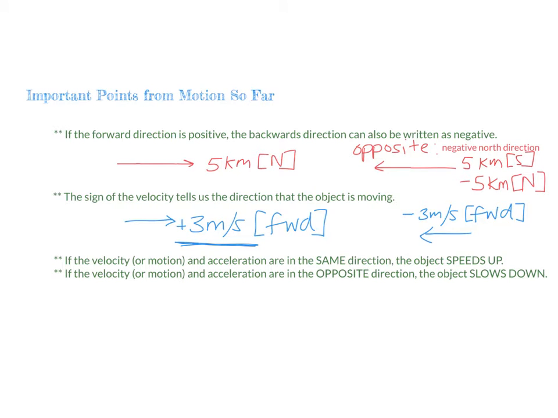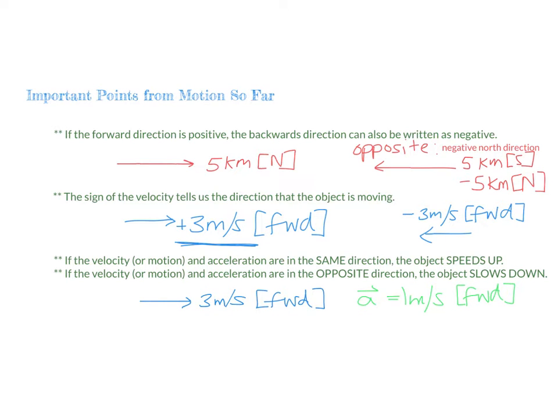So in conclusion, if the velocity and acceleration are going in the same direction, the object is speeding up. If the velocity and acceleration are in the opposite direction, it's slowing down. So let's say I start with my 3 meters per second forward, and I accelerate also at 1 meter per second forward.